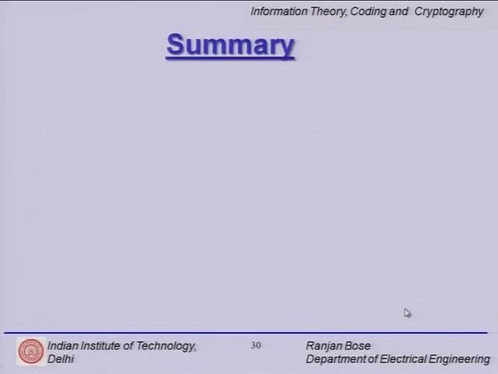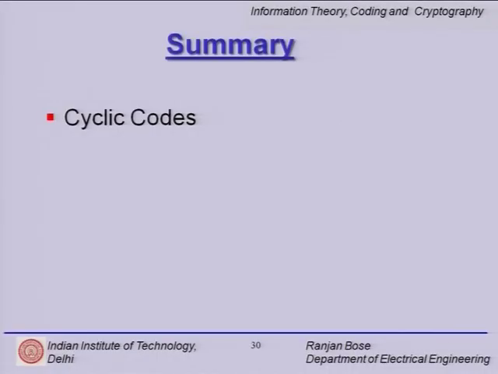With that we come to the end of this lecture. Let us quickly summarize what we have studied so far. We have looked at cyclic codes in more detail. We have introduced this interesting concept of a generator polynomial, what its degree should be, and why it generates the entire code space.